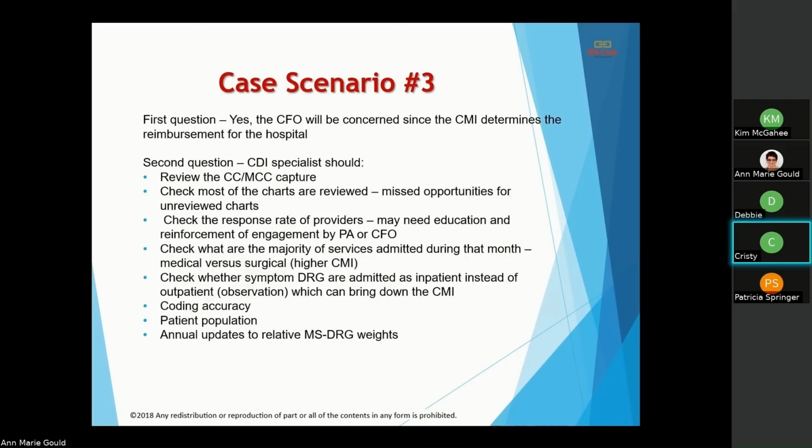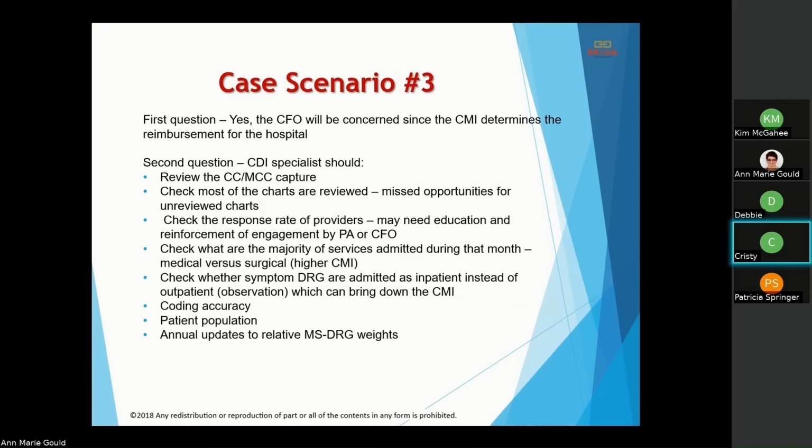Here's the scenario. The second step is that CDI should review the CC and MCC capture. In the facility I used to work at, they gave us a list, or you could research what the CC and MCC capture was during that time period. See, did you capture CC or MCC, or was there no CC or MCC?